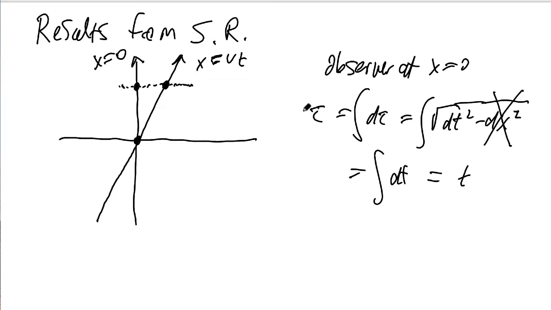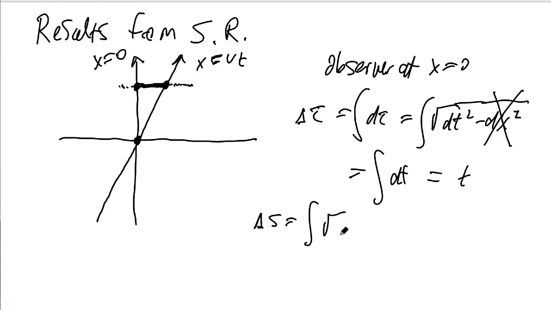And actually, just for notational consistency later on, let me call this delta tau. So this is the proper time interval between this event and this event. It's just the t value of this event. Okay? And likewise, if we ask for the proper distance between these two events, we'll call that delta s.